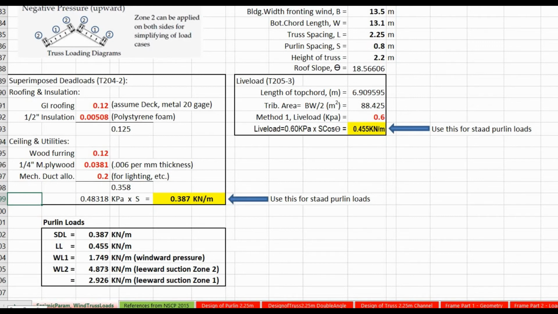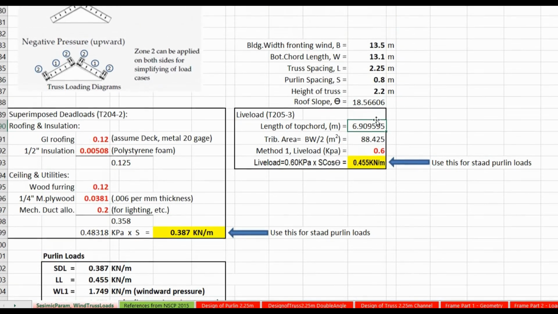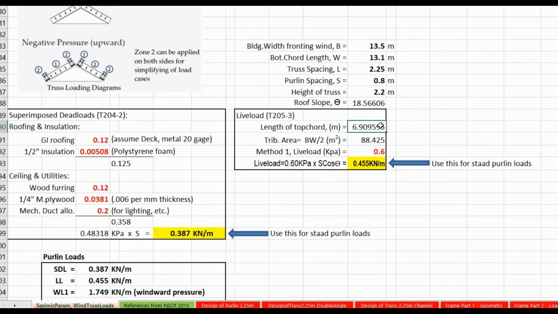Next, punta naman tayo sa live load. Ang live load naman, i-consider natin yung length of top cord. So, 6.909. Nakuha natin yan based on the bottom cord length tsaka yung height of truss.